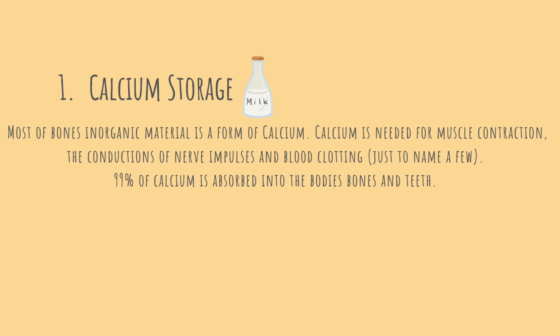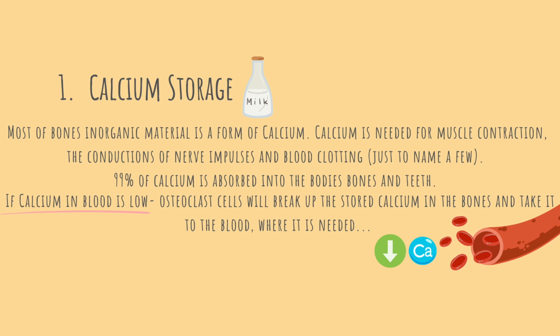If there is too much calcium in the blood, it's going to cause problems. And if there's too little calcium in the blood, it's also going to cause problems. So calcium needs to be balanced in the blood, and it's always going to be removed and added in order to maintain this homeostasis. So if blood calcium levels are too low, osteoclast cells will break up the stored calcium in the bones and take it to the blood where it's needed.